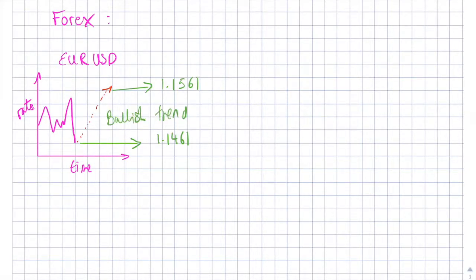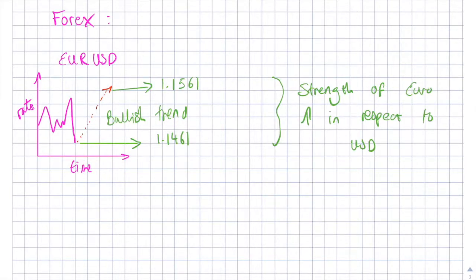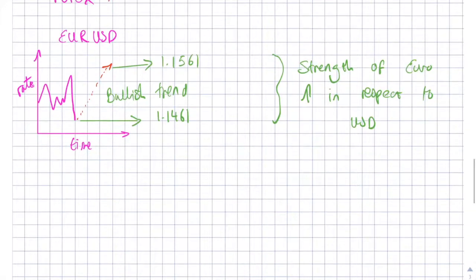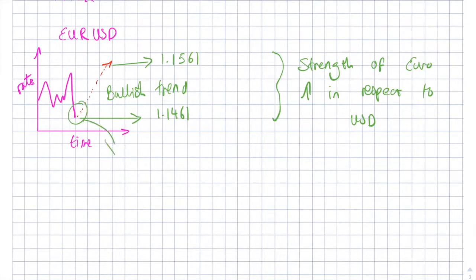In other words, you're expecting the strength of the euro to increase with respect to the USD. So the graph will increase, the currency exchange rate will increase. You're planning on buying it when it's low and then selling it when it's high, and making a profit like that.